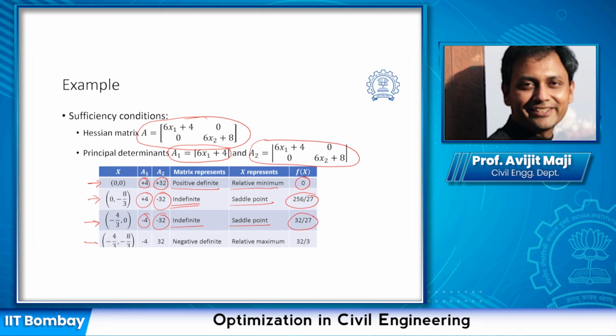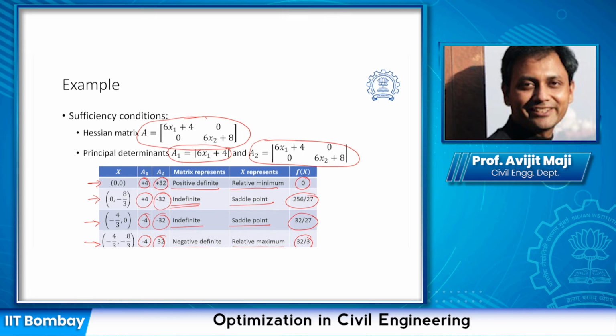The fourth point, negative 4 by 3 and negative 8 by 3, is going to yield the first principal determinant as negative 4, the second one as positive 32, and if we look into the characteristics, we'll find that this is indicating a negative definite matrix, and a negative definite matrix is going to represent a relative maximum point, and the value at that point is 32 by 3.